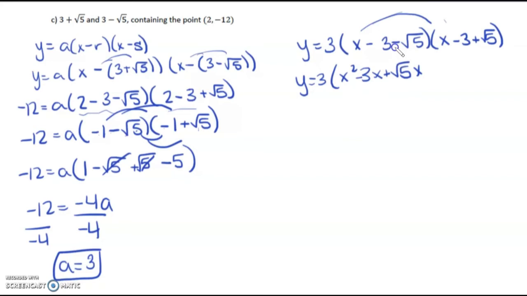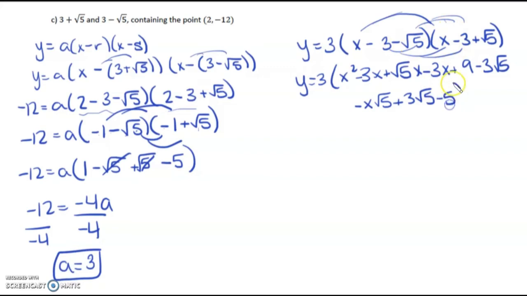Okay, and then negative 3 times x, plus 9, minus 3 root 5, and then negative root 5 times x, negative x root 5, plus 3 root 5, minus 5.